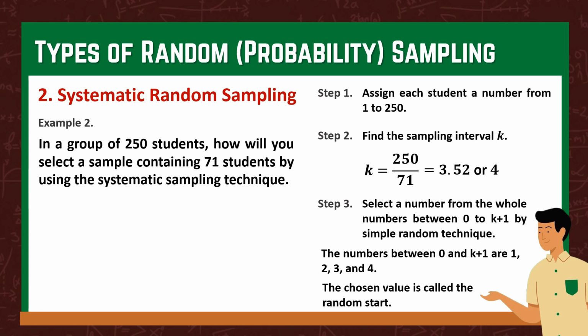So ibig sabihin, yung numbers between 0 and k plus 1 ay 1, 2, 3, at 4. So pipili tayo dito sa pamamagitan ng simple random technique using the lottery, at kung ano man ang mabubunot na number, that would be the random start.